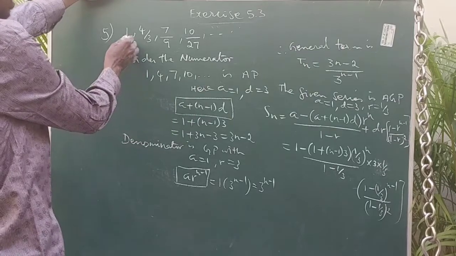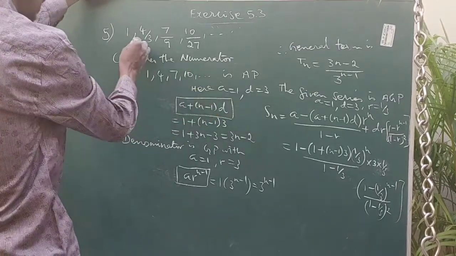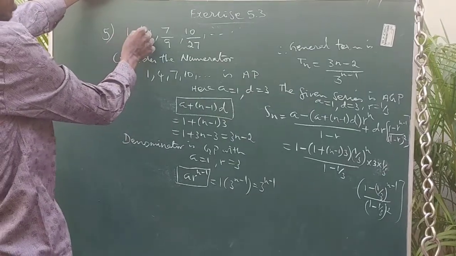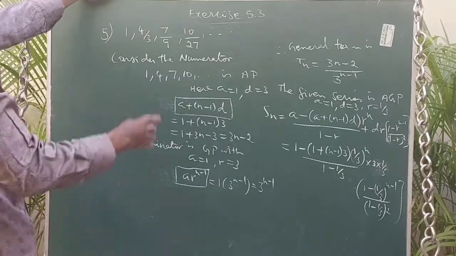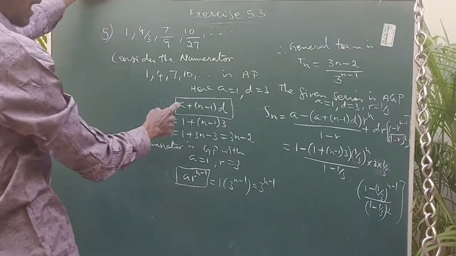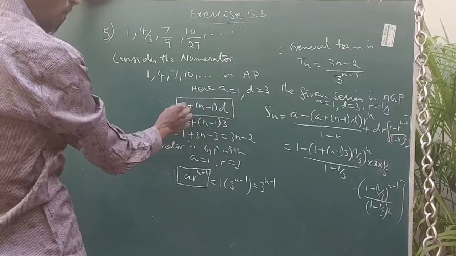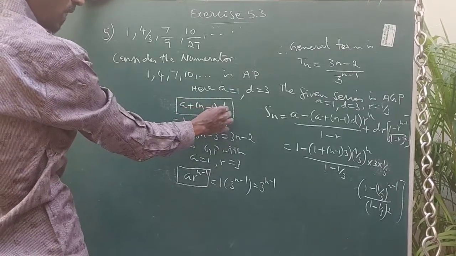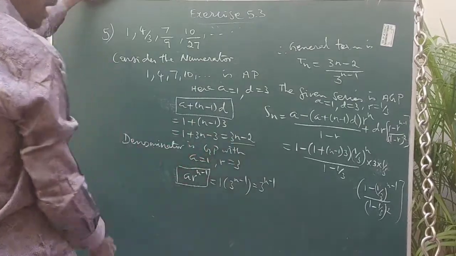The first term A is 1 and the common difference D equals 3. The general term of an AP is A plus n minus 1 into D. So 1 plus n minus 1 into 3, that is 3n minus 2.